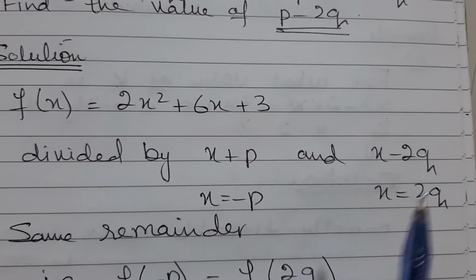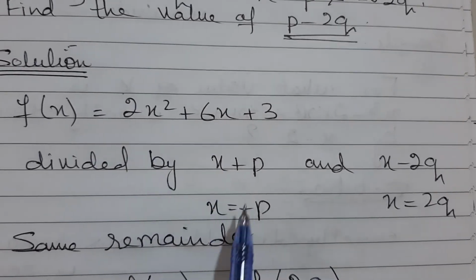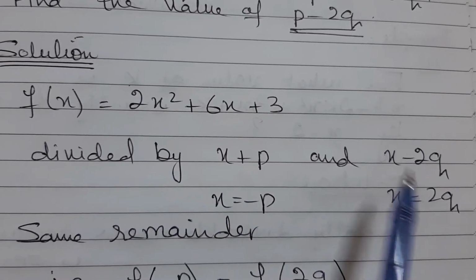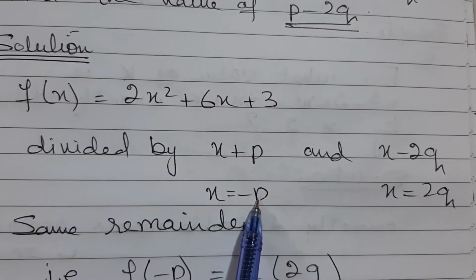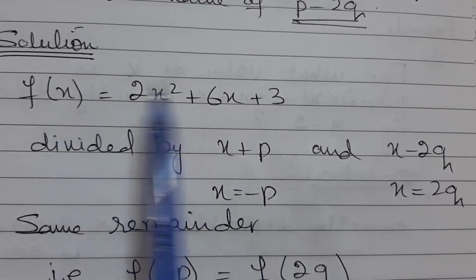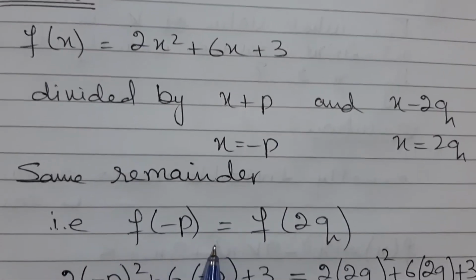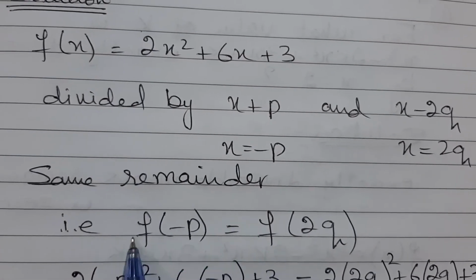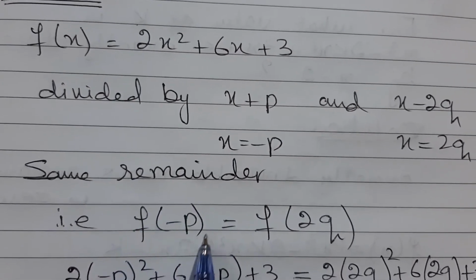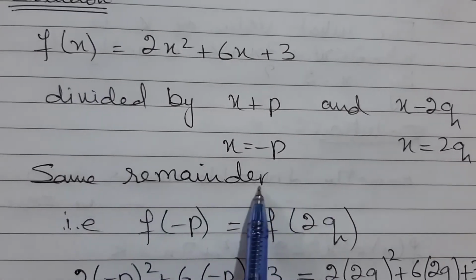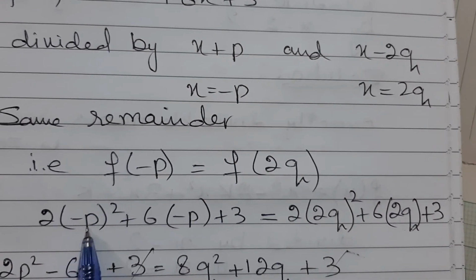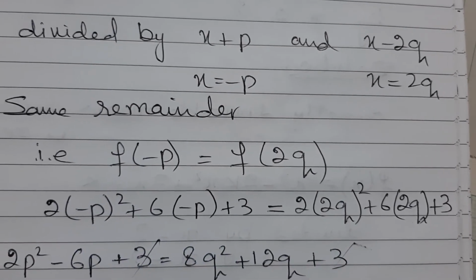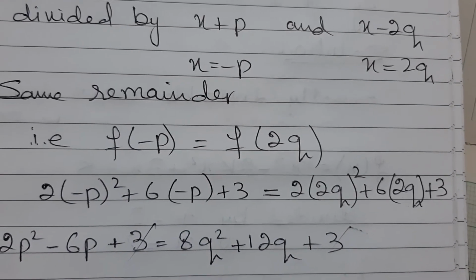Right? Now the question is saying that when you divide this by this and this, you get the same remainder. So now in place of x, everywhere I will write minus p. And then in place of x, I will write 2q. And I will put them equal to each other, because they give us what? The remainder. And the question is saying the remainder is the same. So after that, I'm plugging in the values minus p and 2q and then simplifying it.